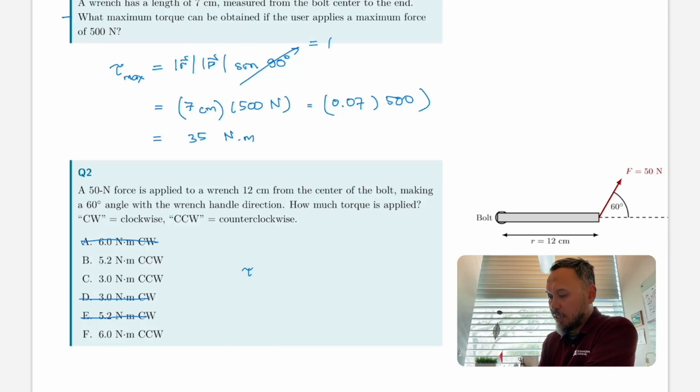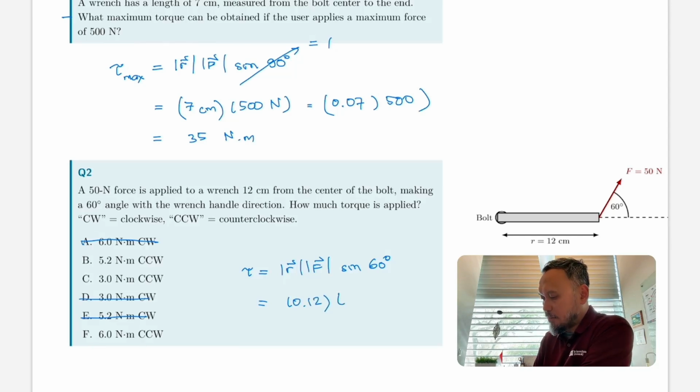Torque is the magnitude of vector r times the magnitude of vector F times sine of the angle, so 0.12 times 50 newtons times sine of the angle.